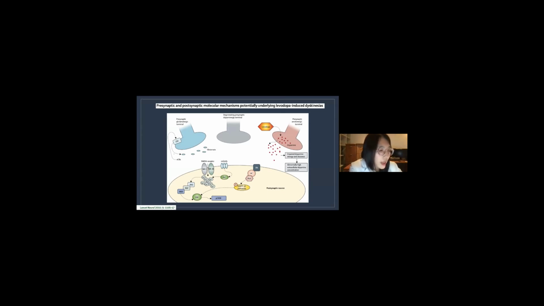Although preclinical and clinical findings suggest pulsatile stimulation of striatal postsynaptic receptor as a key mechanism underlying levodopa-induced dyskinesia, their pathogenesis is still unclear.